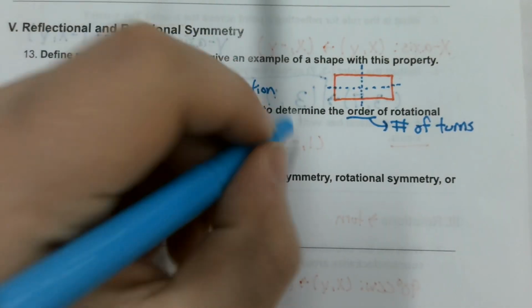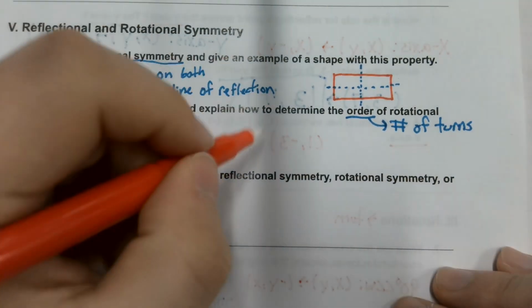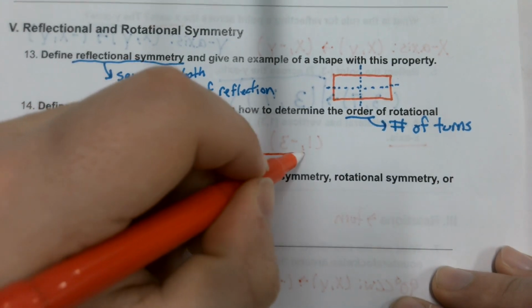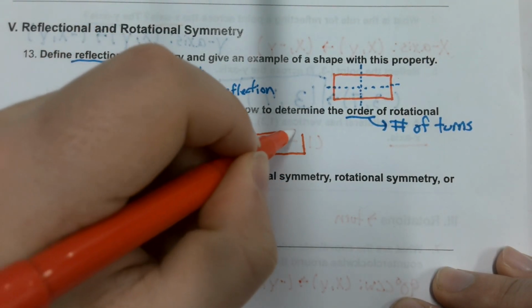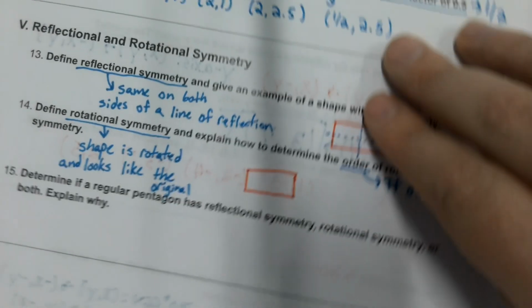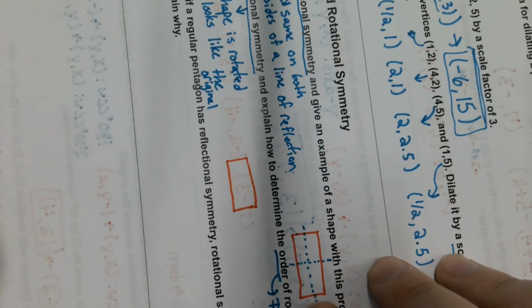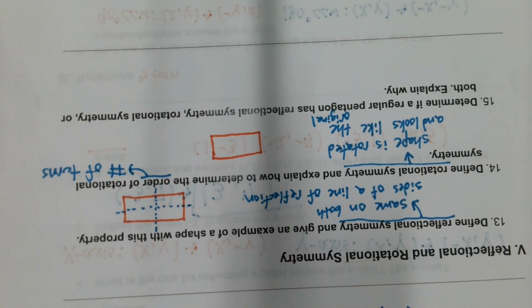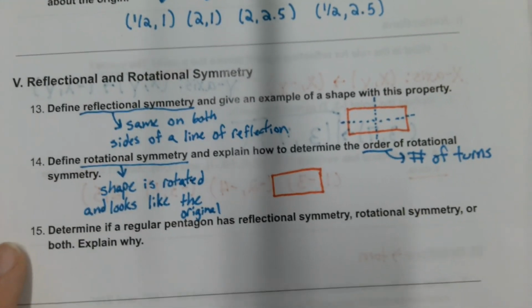So let's go back to the rectangle here. It's not perfect, but if there's my rectangle and I rotate it, it does not look the same yet. But boom, if I turn it like this, it looks the same, right? So if I keep going to where I get back, that was one time. That would be two times.